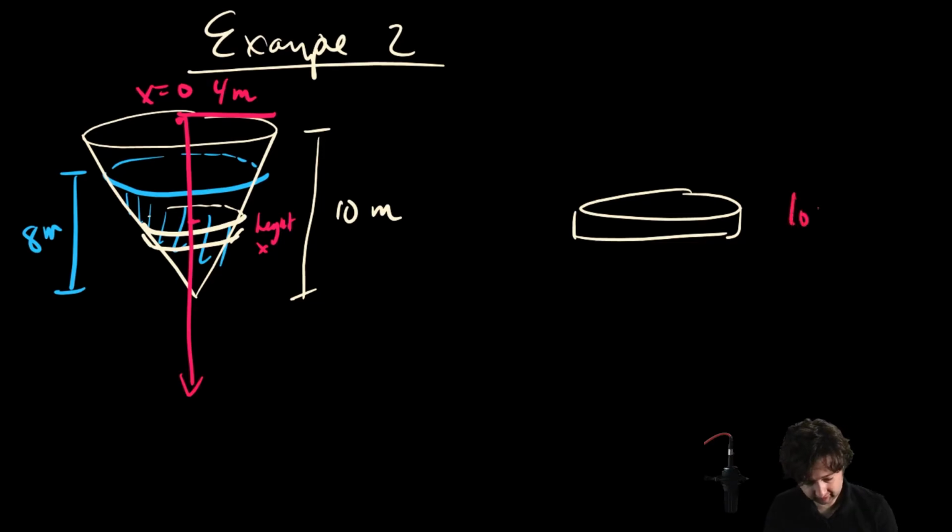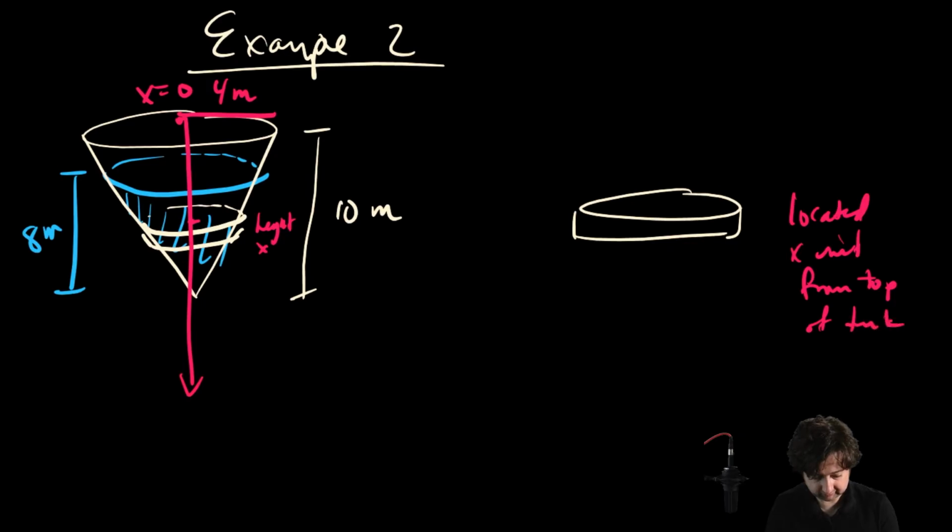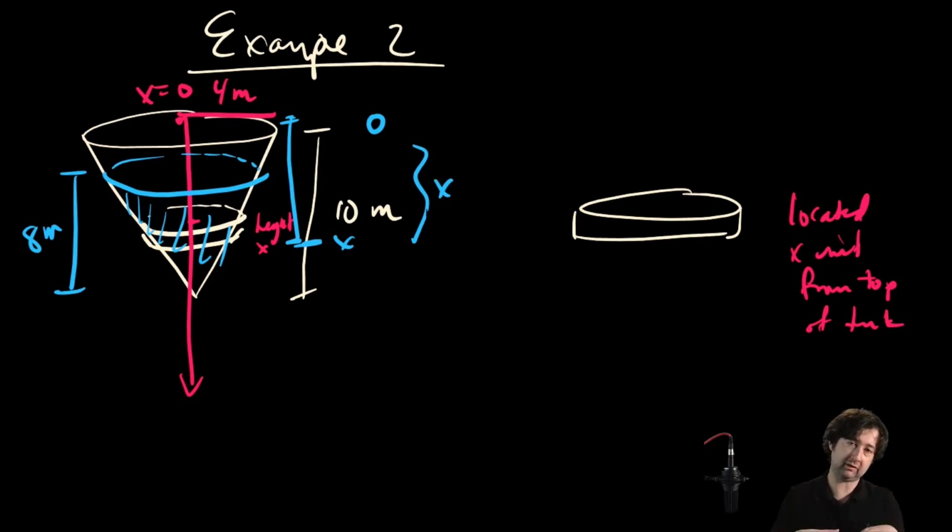This slab is located x units from the top of the tank, because if it's located at position x, and this was 0, and this is x, then this distance is x. So the height that I have to lift that slab of water is x. That's actually why you orient it this way.